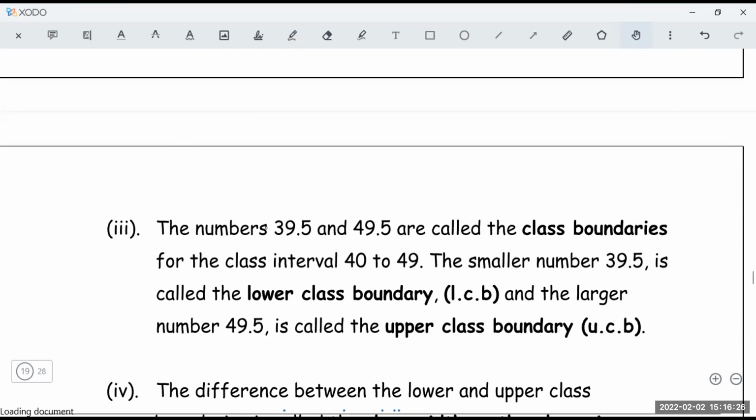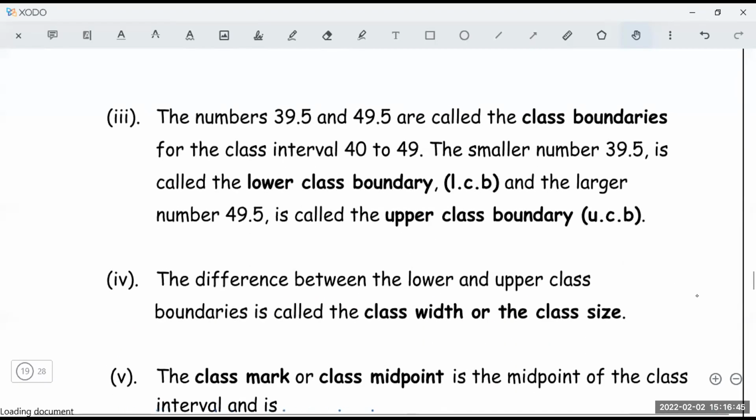All right, so here it is. The numbers 39.5 and 49.5 are the class boundaries for the interval 40 to 49. The smaller number, 39.5, we call the lower class boundary, and 49.5 is the upper class boundary. The difference between the two, we call the class width or the class size.